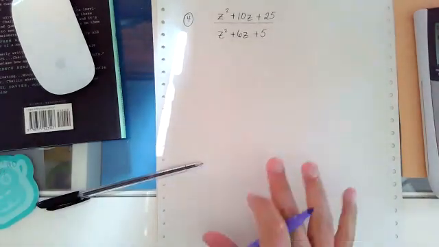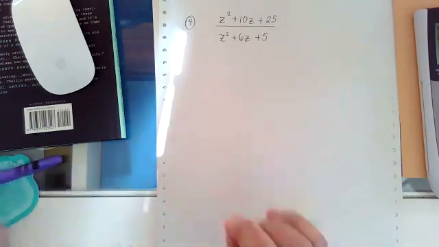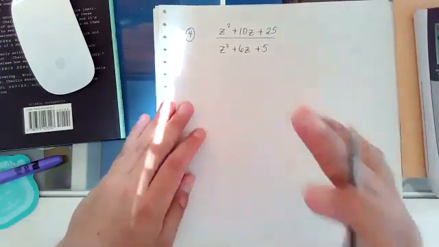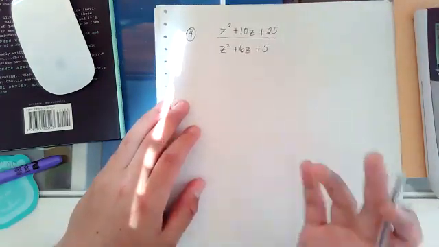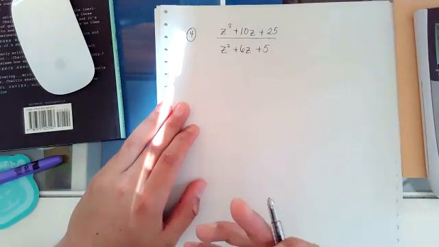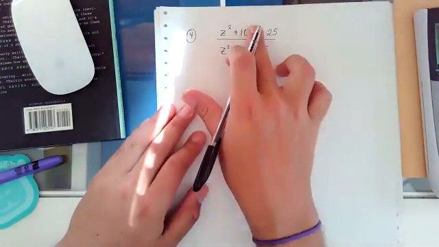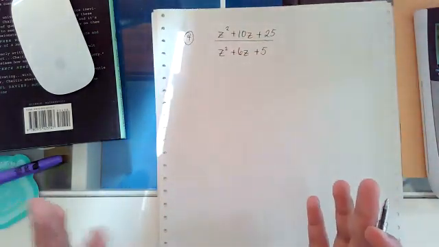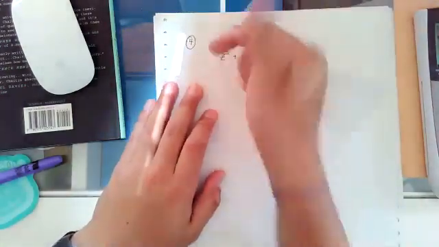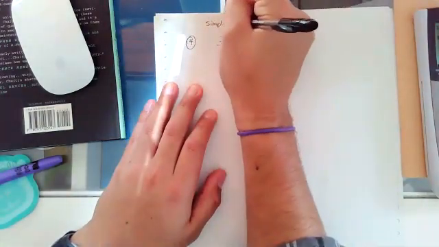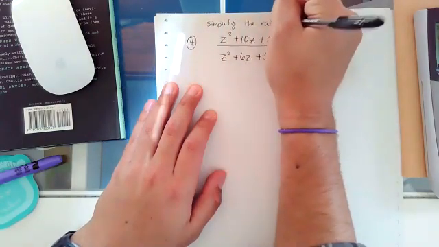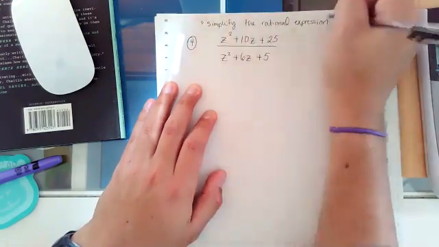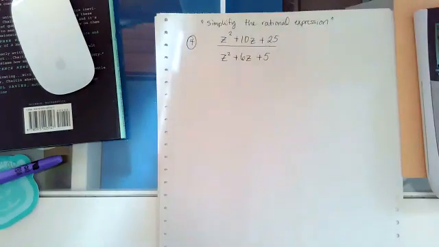Again, just as a note so that you don't get confused, the instructions tell you what you're supposed to be doing. I know that some of you will go into the homework or the test and say, I'm just going to set the denominator equal to 0 and solve it, because that's how we found the domain earlier. But that's not what these questions are asking. These questions are going to ask you to simplify the rational expression.